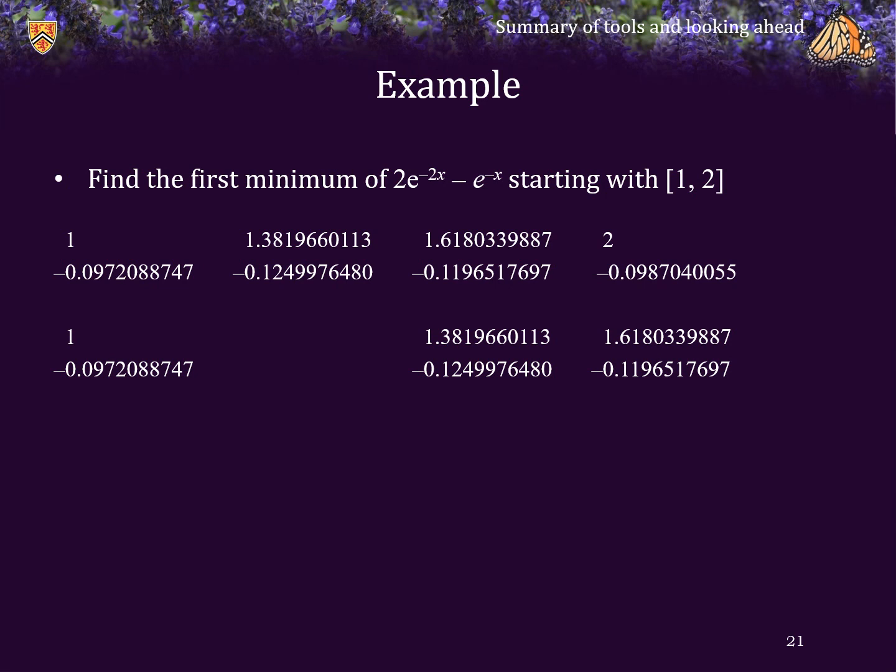Consequently, we must calculate a new left interior point, now using the reciprocal of the golden ratio squared. All right, now once again we look at the two interior points, and once again the right interior point is still the minimum, and therefore we must assume that the minimum appears on the interval starting at the left interior point going to the right end point.